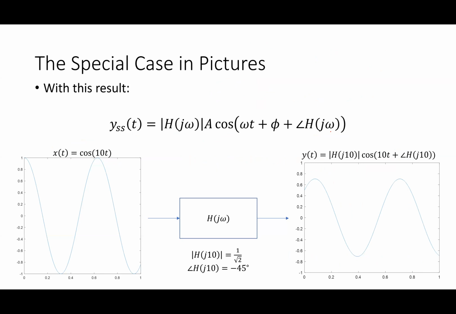The amplitude of the output is 0.707, since 1 over square root of 2 works out to about 0.707. And then it's got a negative 45-degree shift. The negative shift pushes the peak to a later time, pushes it to the right. What have I done here? Well, I've made the output smaller, effectively.